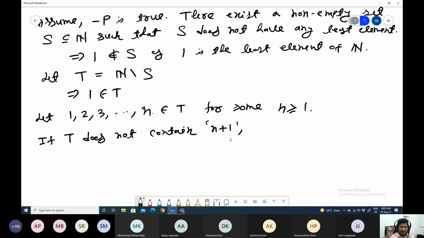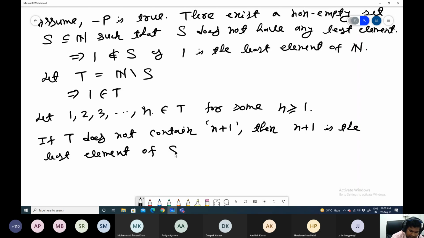That means N plus 1 is in S and that is the least element, because all the previous elements belong to T only, right? Now if T does not contain N plus 1, then N plus 1 is the least element of S, and this is a contradiction.